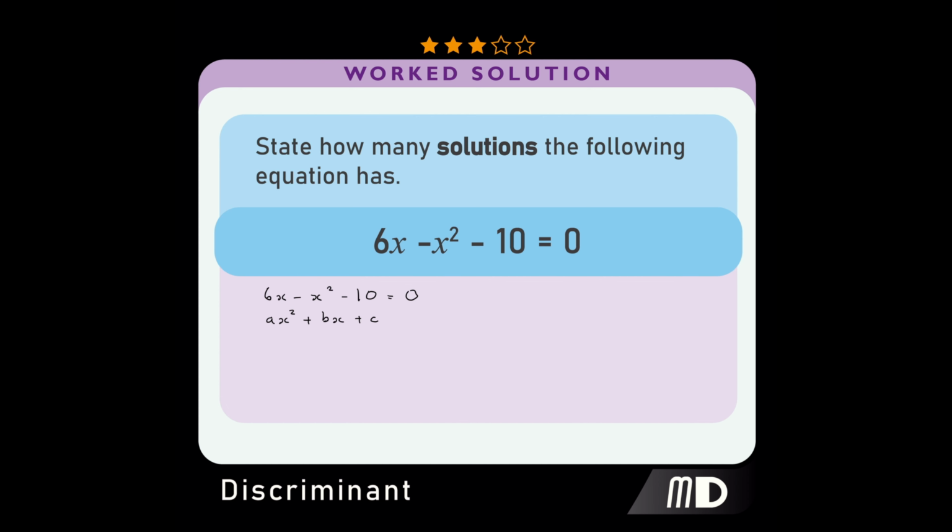The coefficient of the x squared term is a, which in this case has the value minus 1. The coefficient of the x term is b, which in this case has the value 6. And the value of c is minus 10.